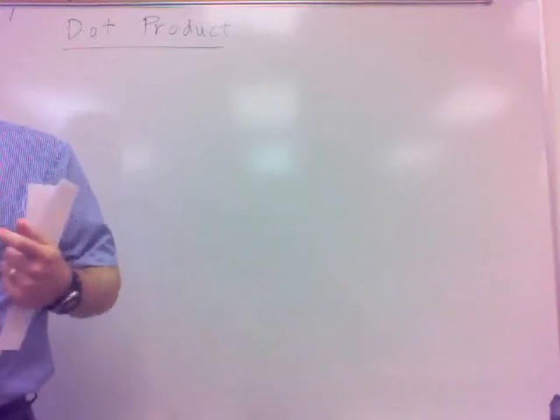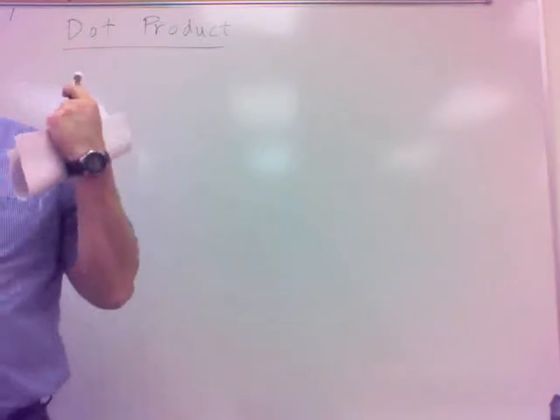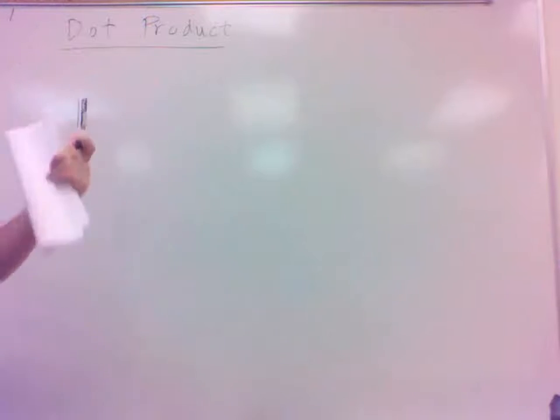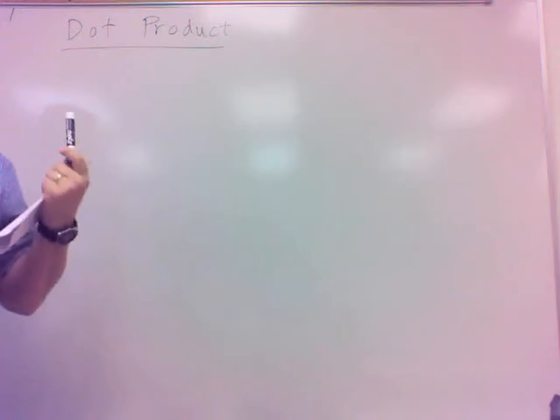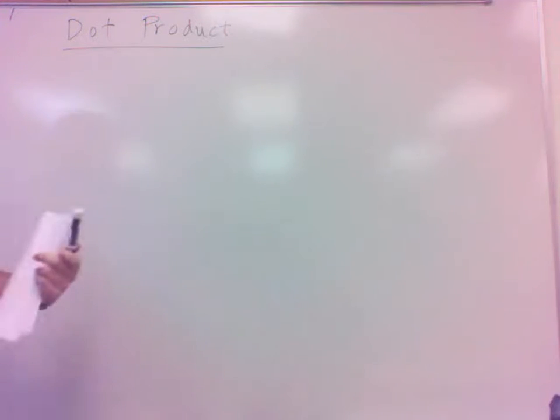All right. What we need to start off with is talking about dot product, which is a calculation for vectors that is useful in some situations that we might happen upon throughout the semester here.